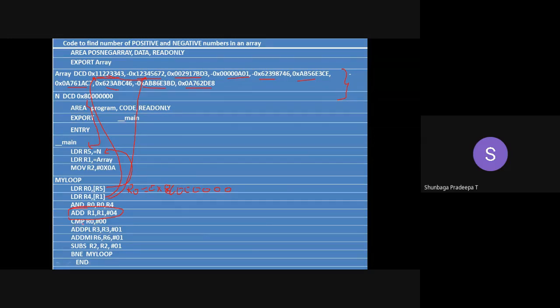Next, you are comparing whether your R0 is equal to 0. That means the ANDed result is now updated in R0. You are checking whether it is 0. If it is 0, you will be adding with the positive number. If it is not 0, you will be adding with the negative number. Okay. So here you have ADDPL. You remember what is PL?